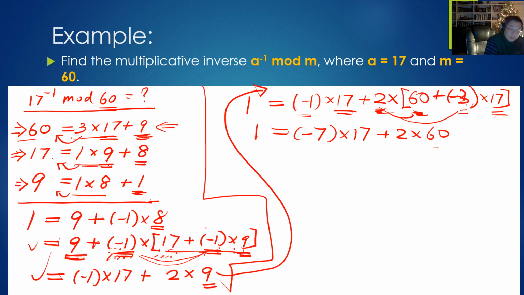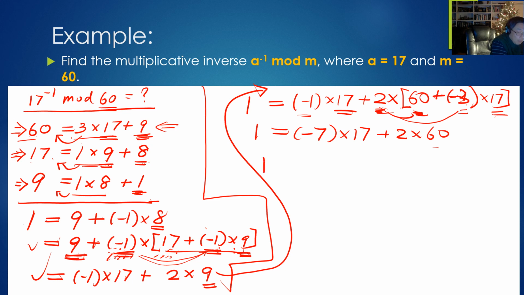Now can you see what is the multiplicative inverse of 17 modular 60? It is -7, right? Because based on the fact we just talked about at the beginning of this talk. Now if you still don't see it, don't worry. So we can actually take a modular operation on both sides.